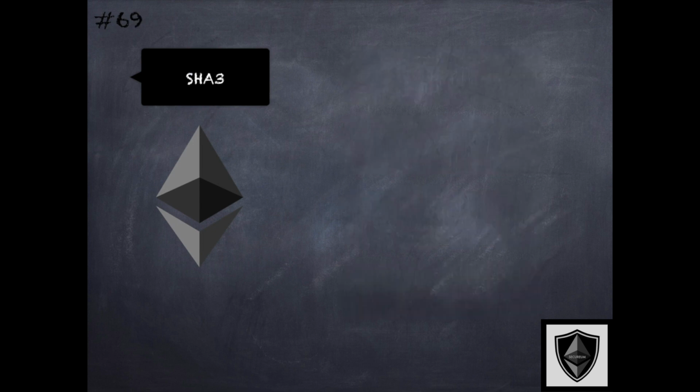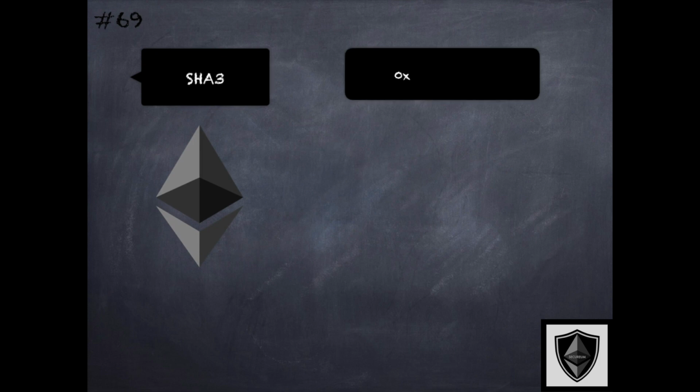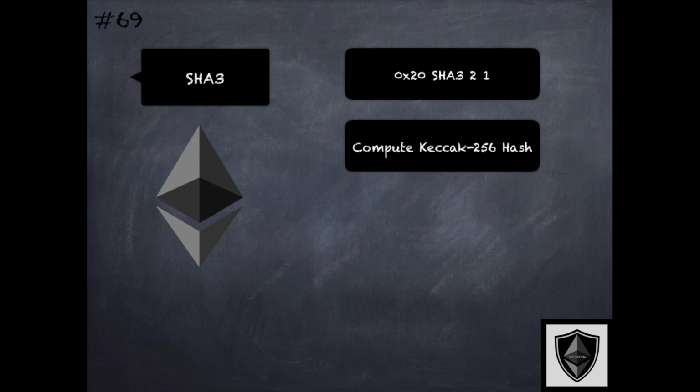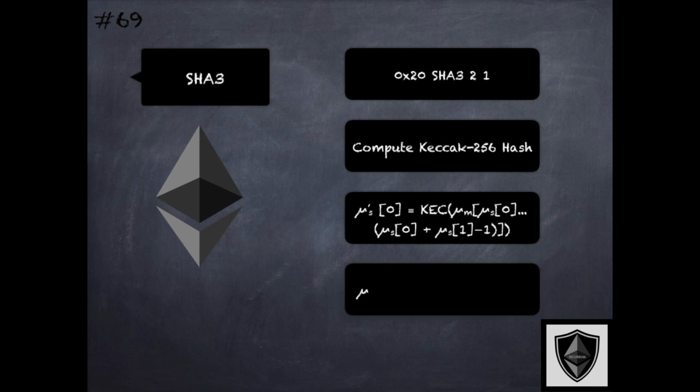The next category is a single instruction, which is really critical to Ethereum, that of SHA-3. This computes the Keccak-256 hash that we have talked about. And this is really the formal notation for how the Keccak-256 hash is calculated, and this is something that you will see in the yellow paper.